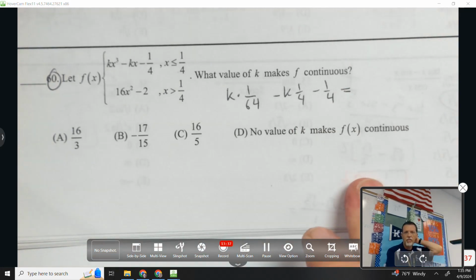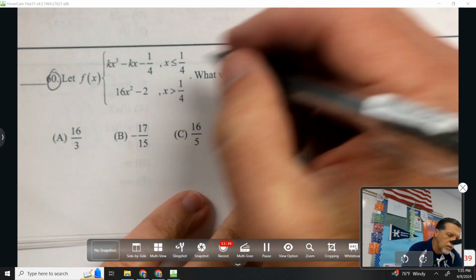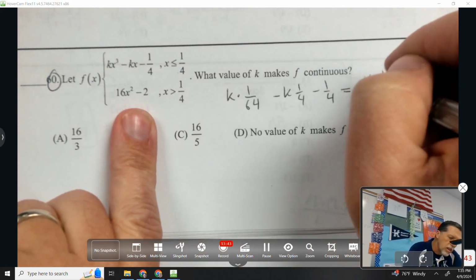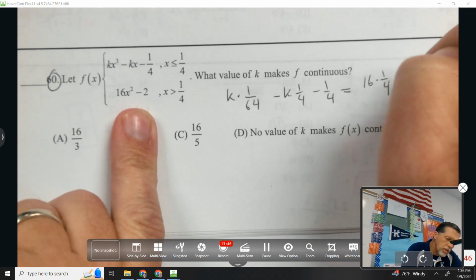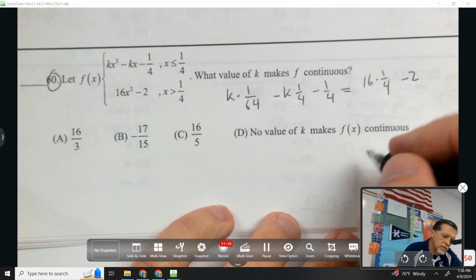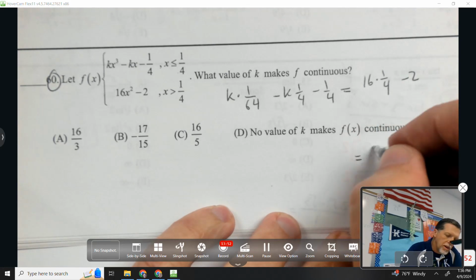So that's sort of the left-hand side when x is less than 1/4. When x is greater than 1/4, 16 times a fourth minus 2. Four minus 2 is 2.